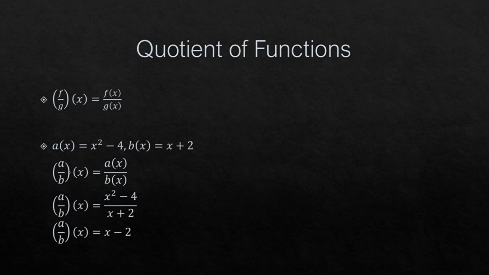So, A divided by B of x is equals to A of x divided by B of x. So that is equals to x squared minus 4, ang A of x na punta dito sa taas, and B of x na pupunta sa baba, which is x plus 2.